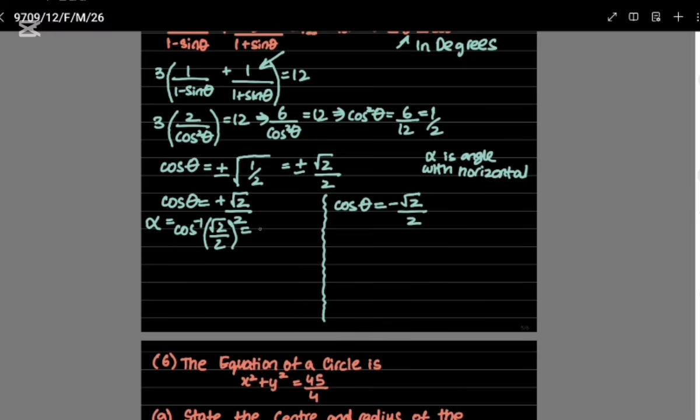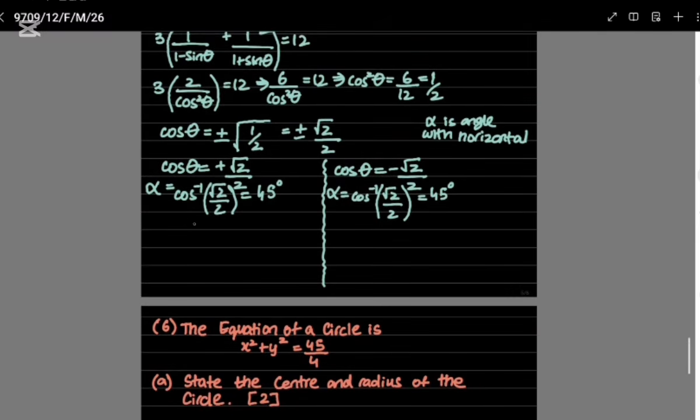Let me check. Yes, 45 degrees. Over here you do the same thing. Alpha is equal to cos inverse of root 2 over 2. Now what you will be thinking is, why not minus? Whenever you have to find alpha, you take the inverse of the absolute value, which is just the same thing, 45 degrees.